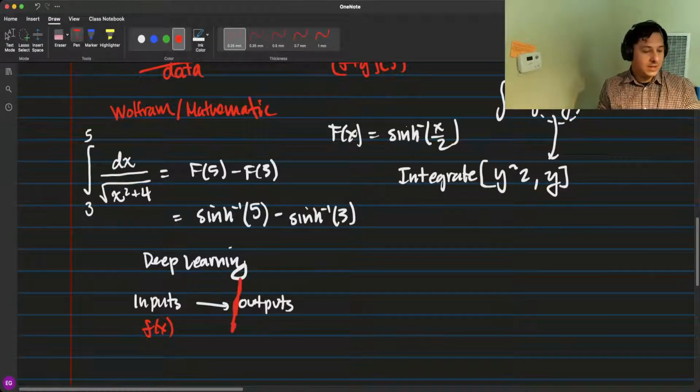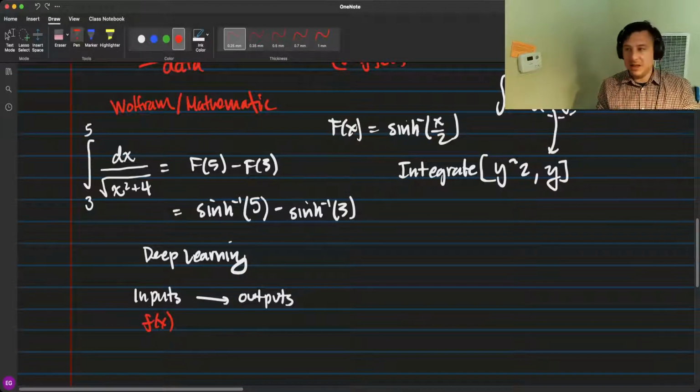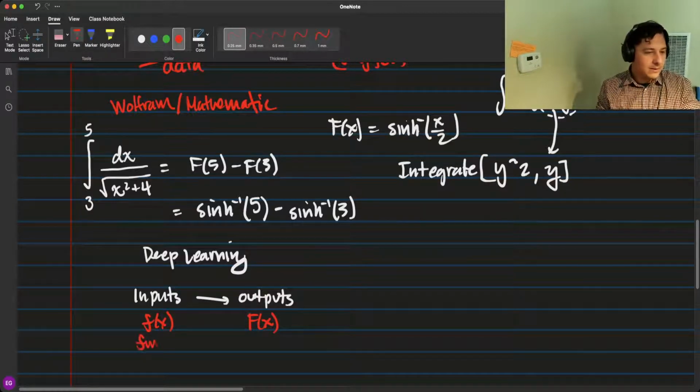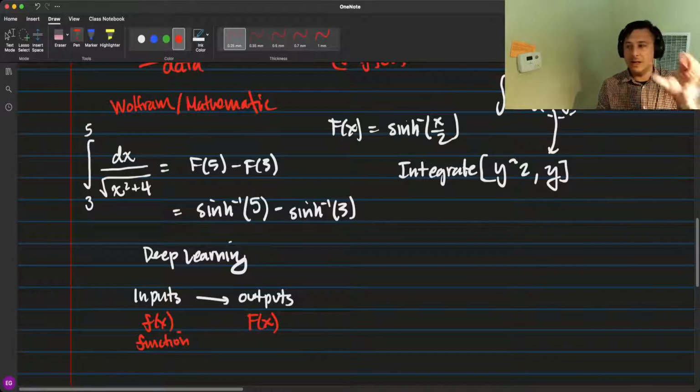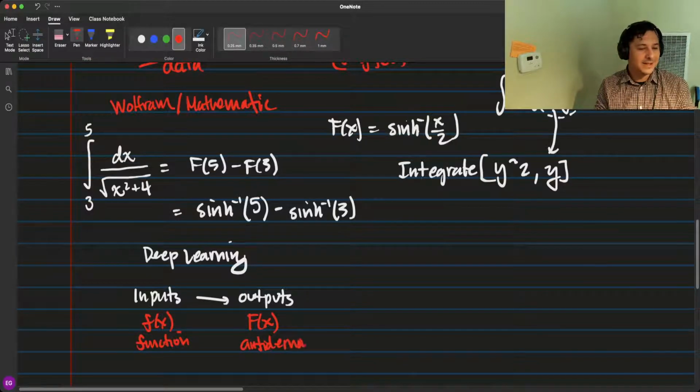So the input would be the function, and the output would be the antiderivative. These researchers came up with a collection of a bunch of functions and their antiderivatives, and they fed this into a deep learning algorithm.